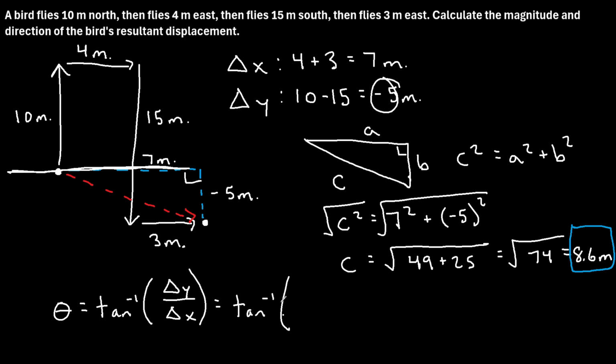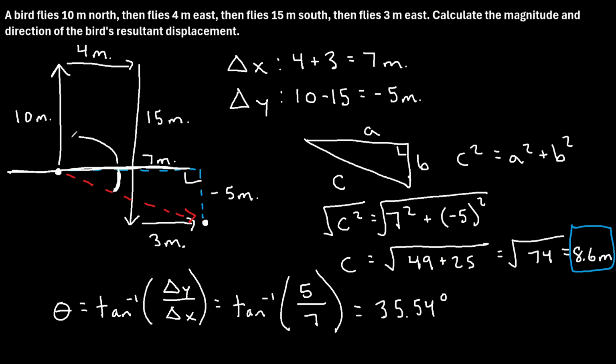Now, when we're calculating this inverse tangent value, we always use positive values. So we're going to use a positive 5, and then the displacement in the x direction is 7. So if you punch this into a calculator, the inverse tangent of 5 divided by 7, and by the way, make sure your calculator is in degree mode, that comes out to 35.54 degrees. So that describes this reference angle right here.